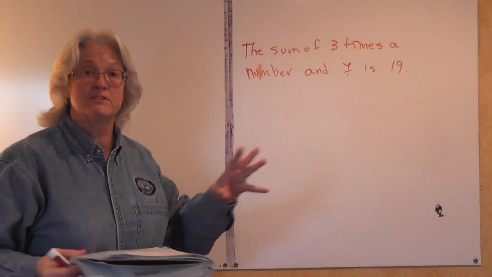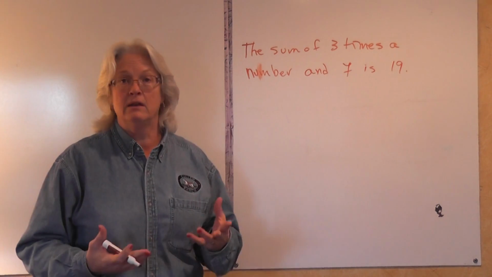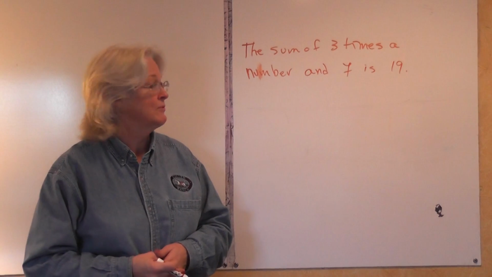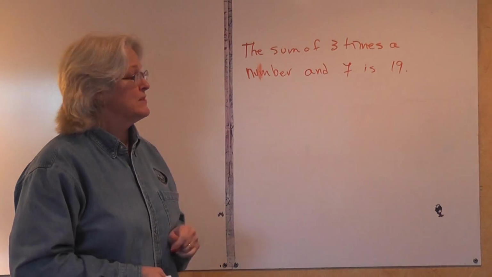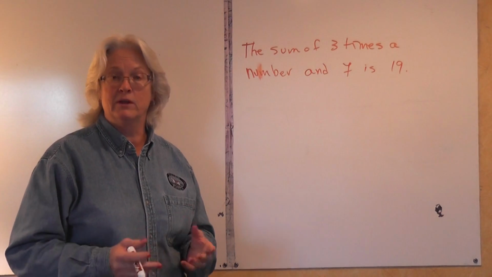Now this one right here is very similar to the example that I just used where we said a number and 2 is equal to 7. Right here we have the sum of 3 times a number and 7 is 19.